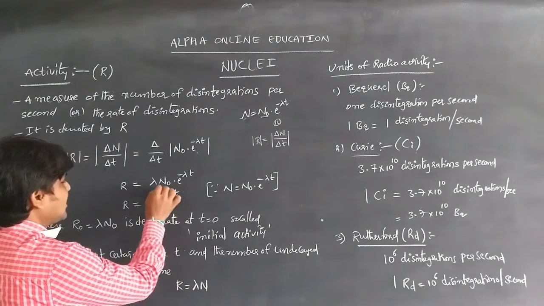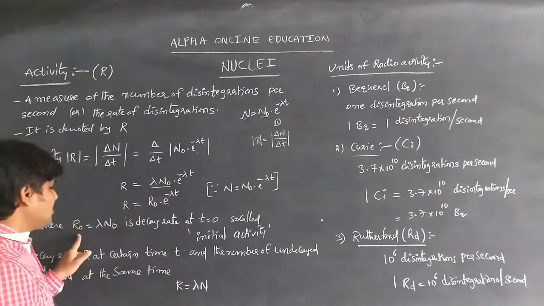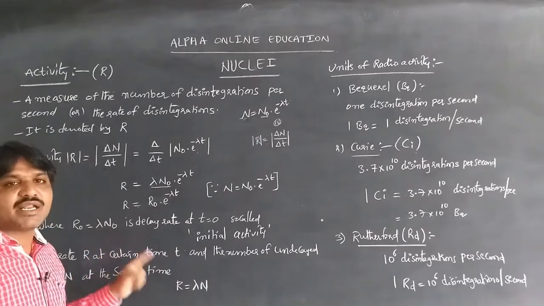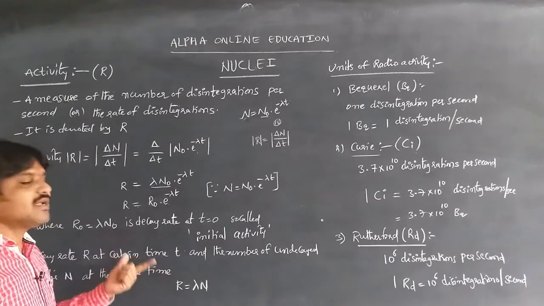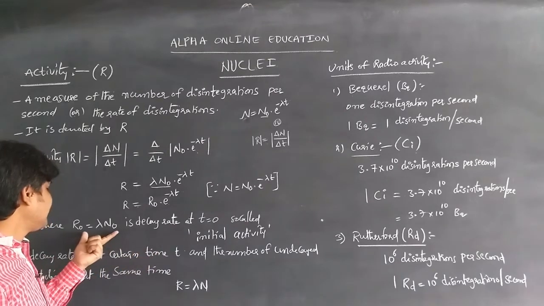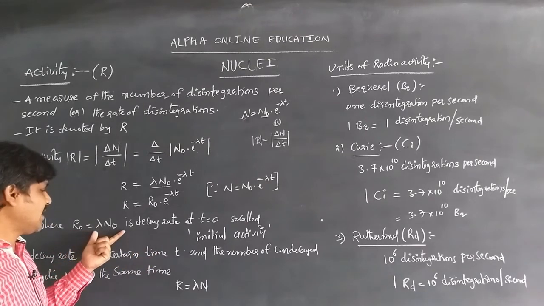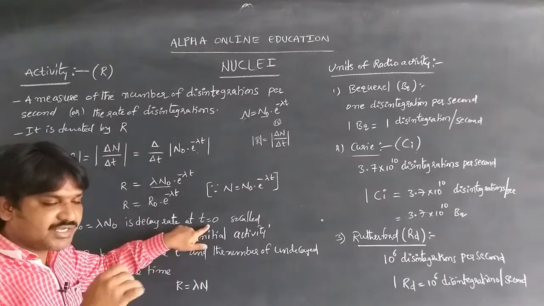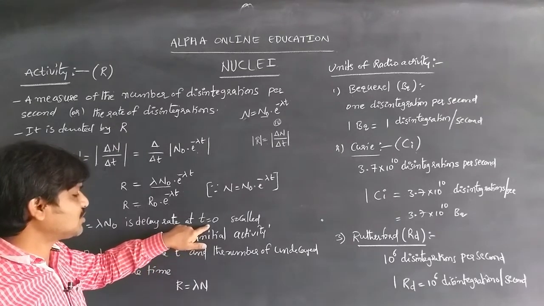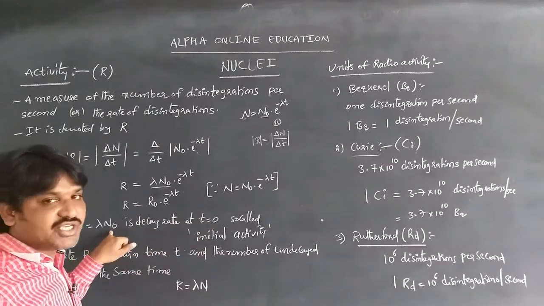Here R naught is equal to lambda N naught, the decay rate, meaning the number of nuclei disintegrating per second, at time t equal to 0, the initial state. So it is called the initial activity.